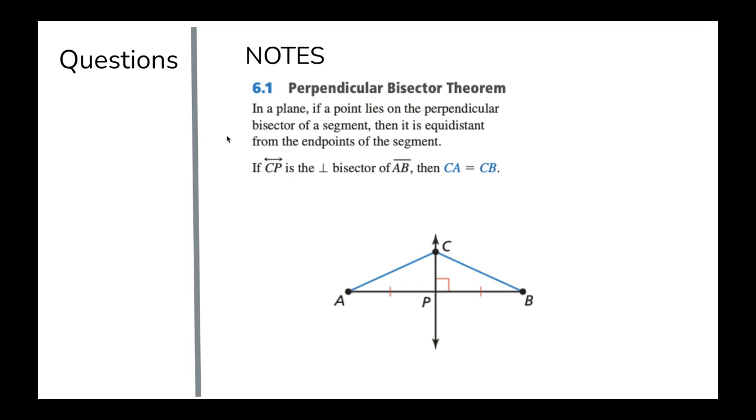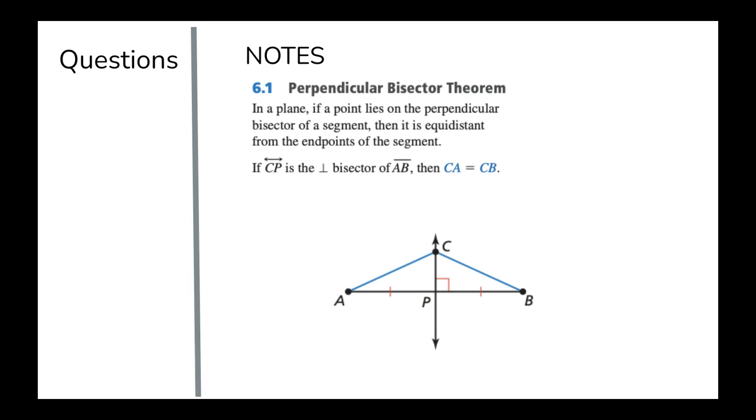So how does that help us? Well, that brings us to our first theorem here, which is the perpendicular bisector theorem. Basically, this theorem is telling you that if you have a perpendicular bisector of a segment, then the distance from the endpoints of the segment that's bisected is equal to a point on the perpendicular bisector.